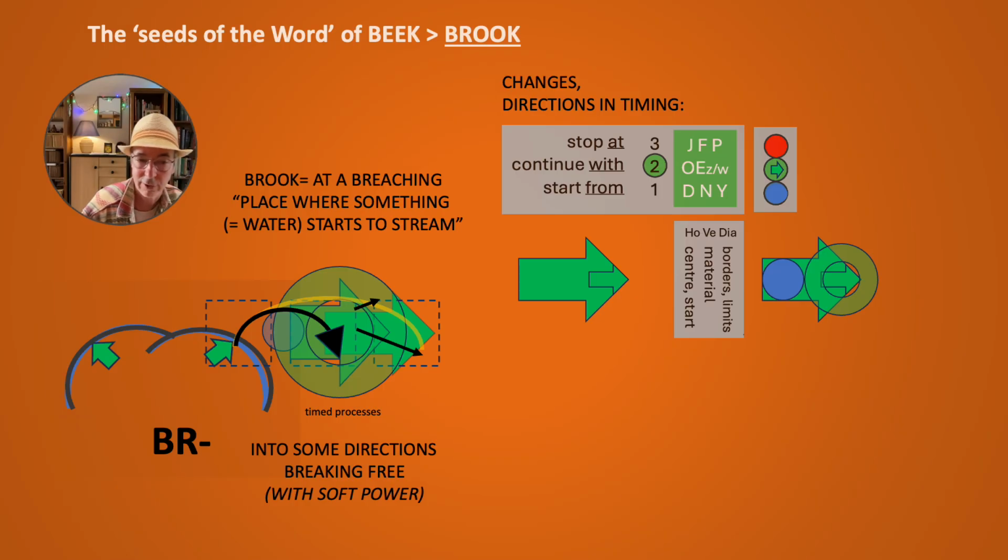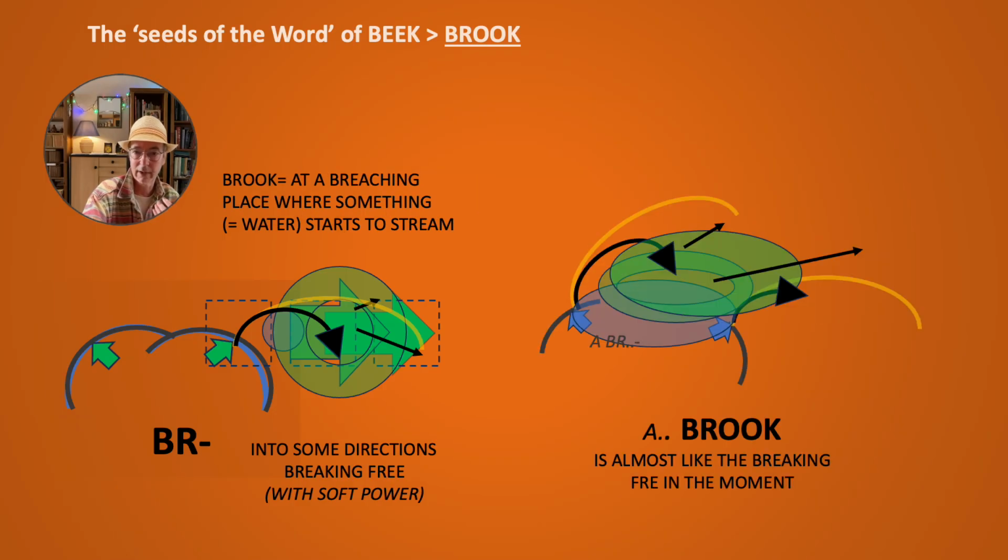It's not really an association with water, but that's the sense that I get. You have a whole space of earth, let's say, and there's a certain point where you say, oh, it breaches, like water breaches, and the water can have its own direction. It's that kind of breaking point, a soft power actually, not much more than that, which doesn't make it easy to imagine well and to express it well, but I will try.